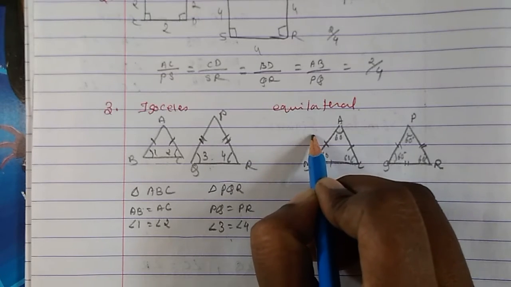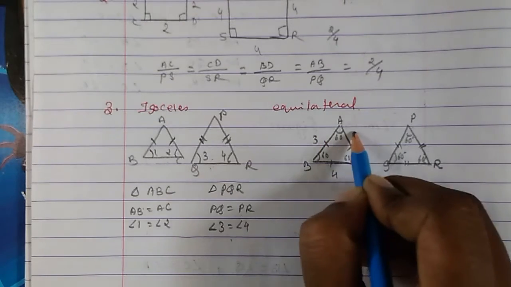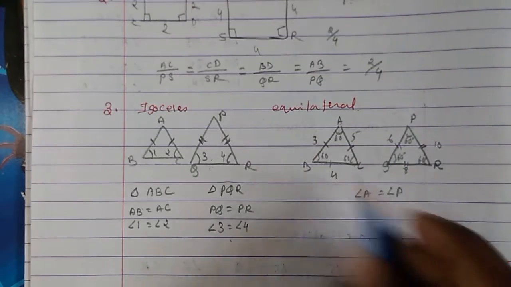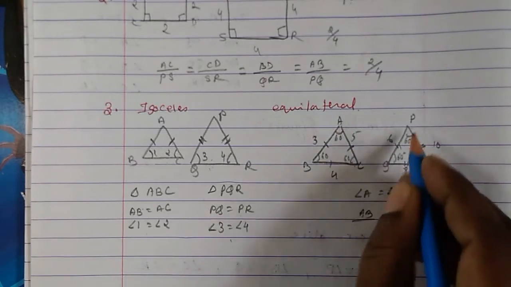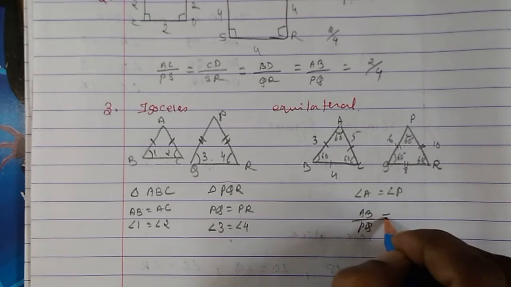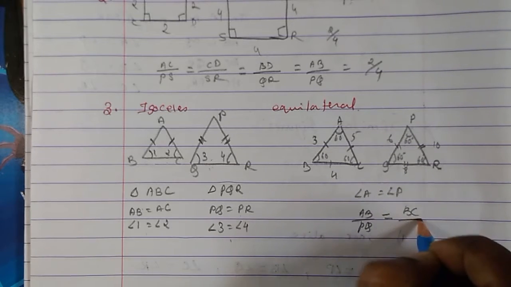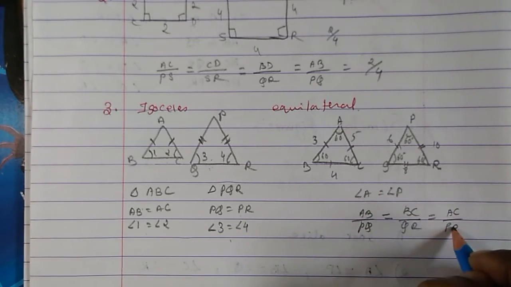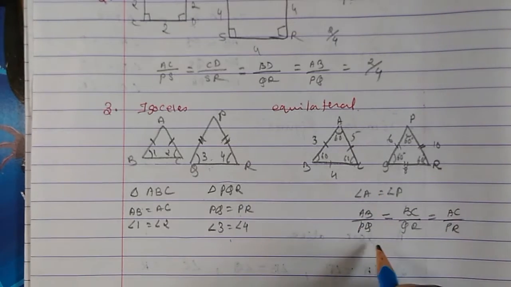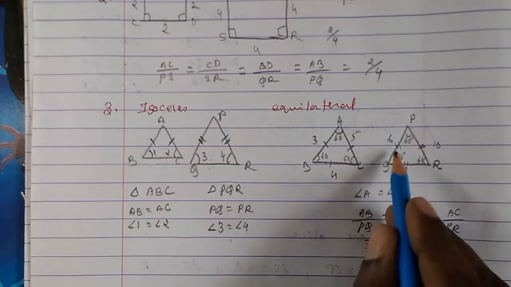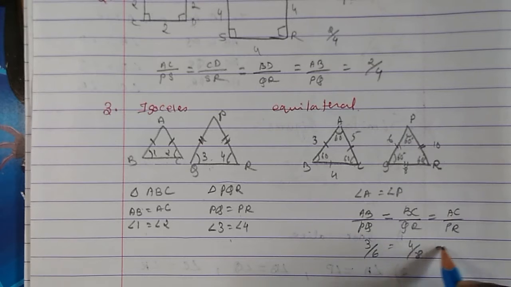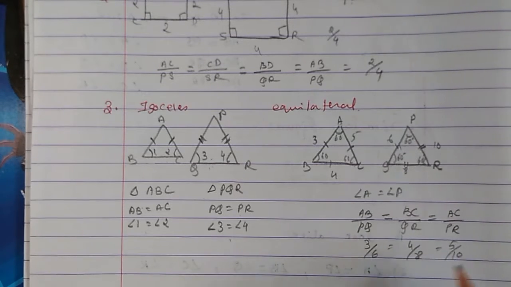This can be 3, 4, 5. If you consider this 6, 8, 10, then the ratio will be the same. AB upon PQ will be equal to BC upon QR equal to AC upon PR. If you take the ratio, this will be 3 upon 6, this will be 4 upon 8, this will be 5 upon 10.